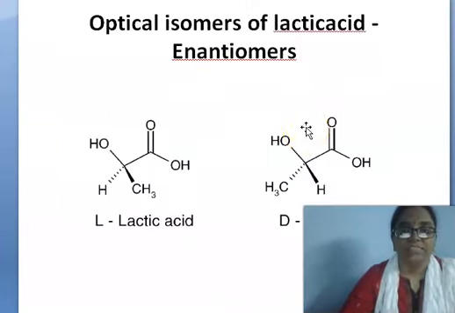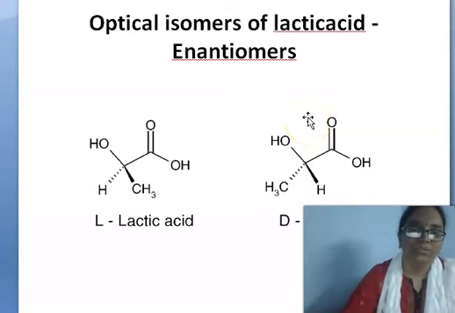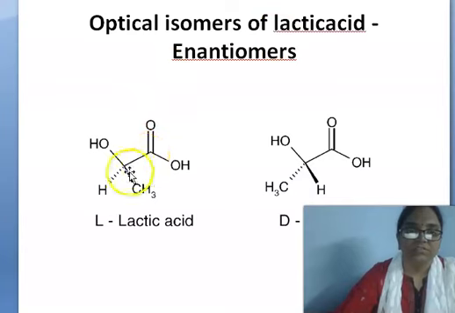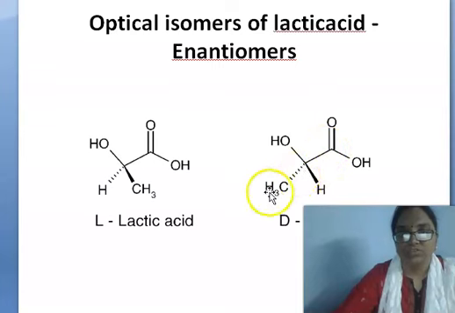And this is an excellent example of an optically active compound. Here, this is lactic acid, D-lactic acid. Here the carbon is attached to 4 different groups: COOH, CH3, hydrogen and OH. Here also the carbon has COOH, H and CH3.